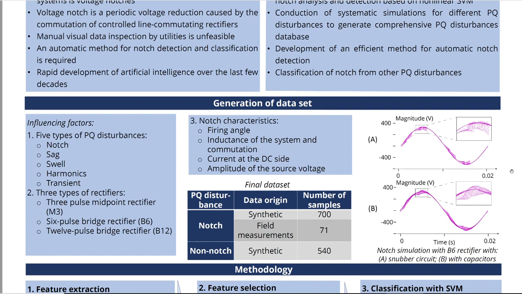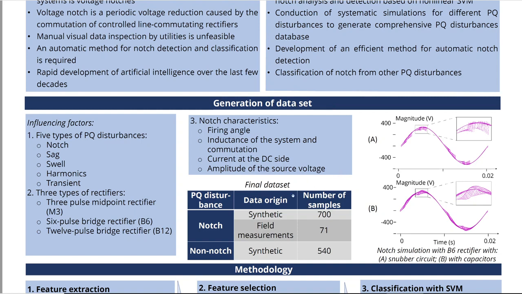To get a diverse dataset, we have conducted a systematic simulation on MATLAB. 5 types of PQ disturbances are simulated, considering their characteristics and frequency of occurrence in power system. And for notches, 3 types of notch sources and 4 groups of influencing factors or components were considered.